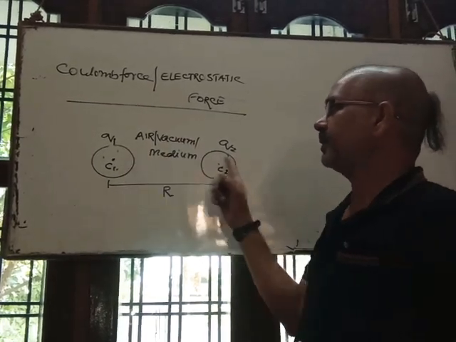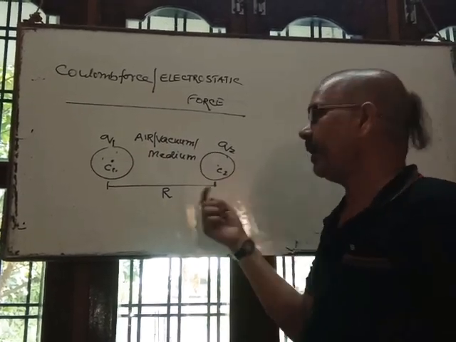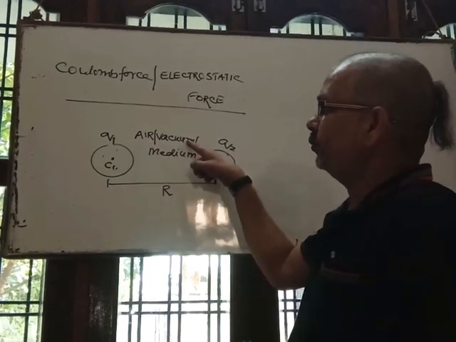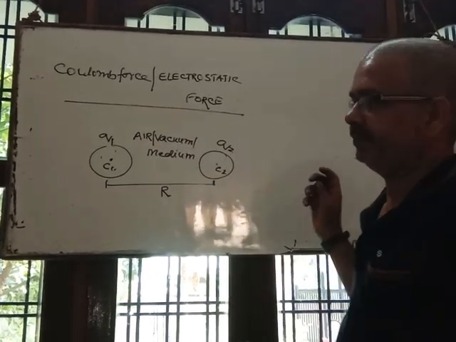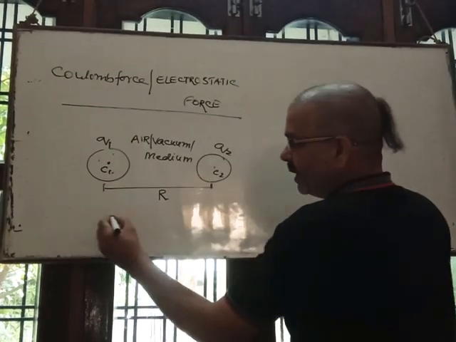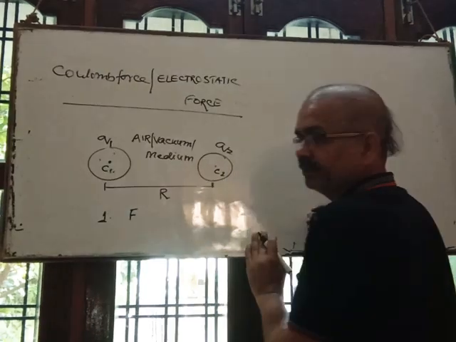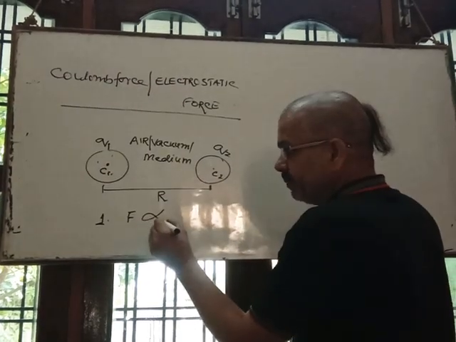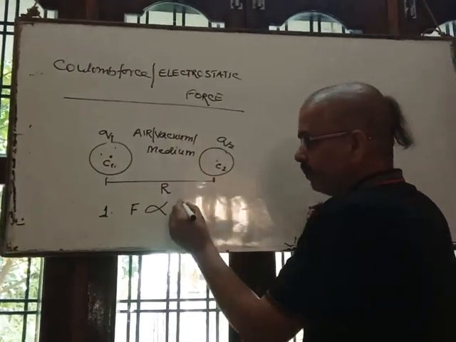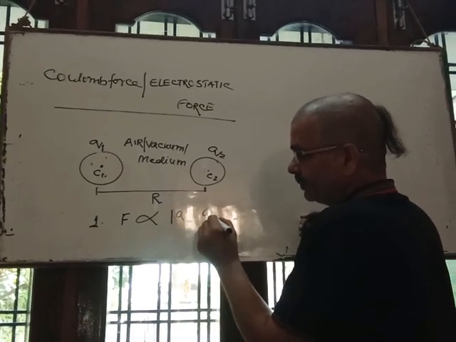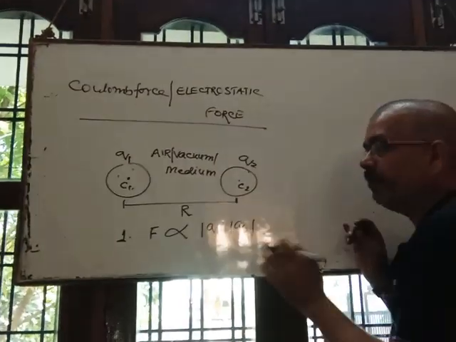If any two charges are separated by a certain distance in air or vacuum or in any medium, then the force of attraction or repulsion between them is directly proportional to the product of the magnitude of the charges. It means we take only the positive sign.